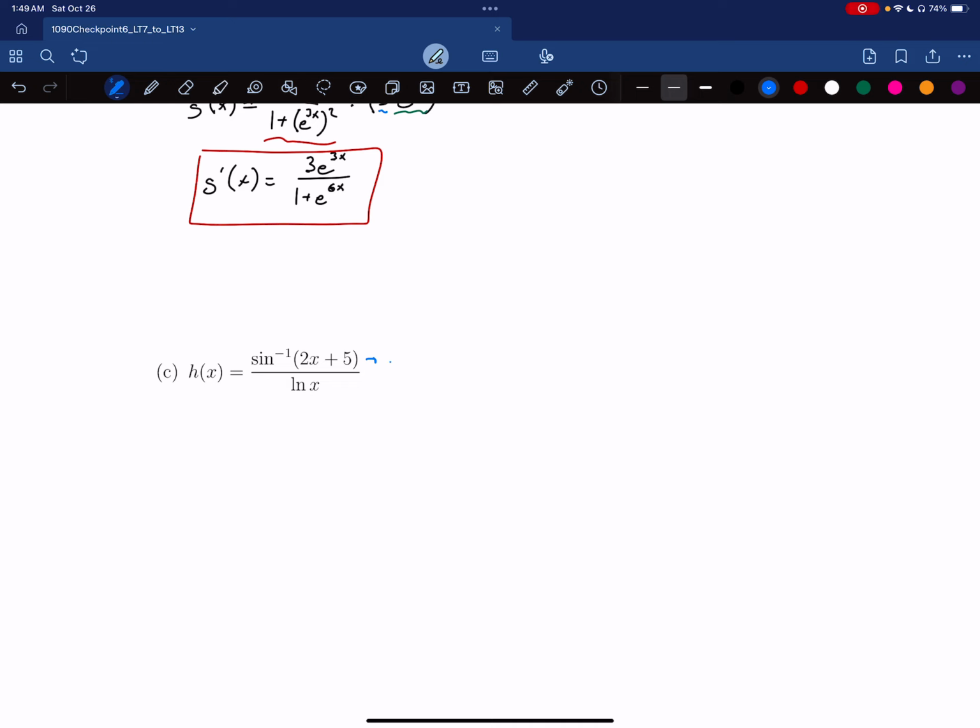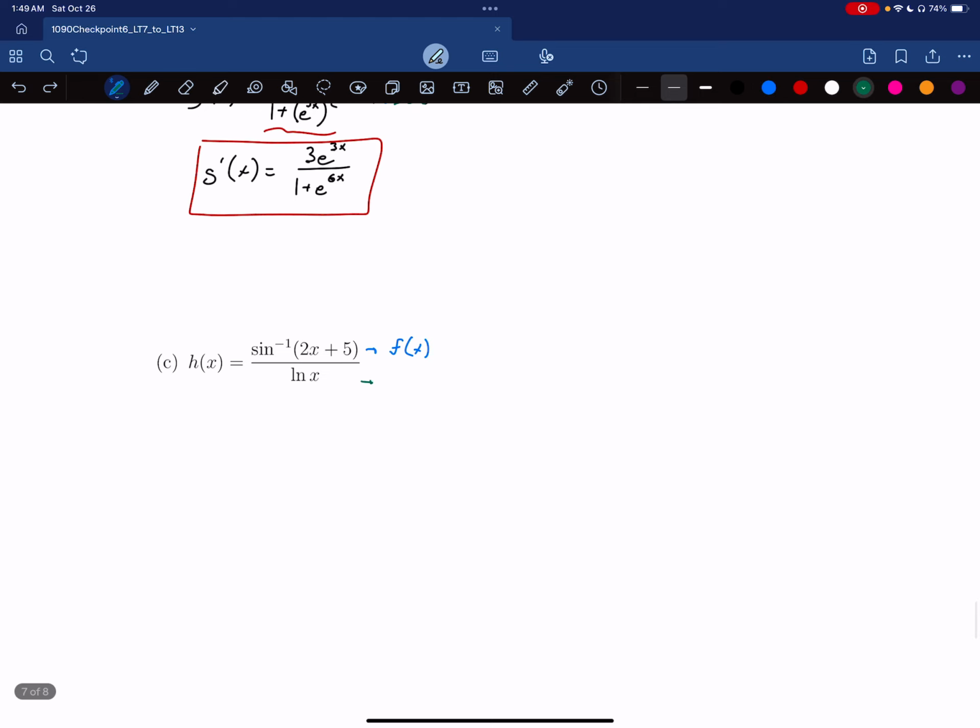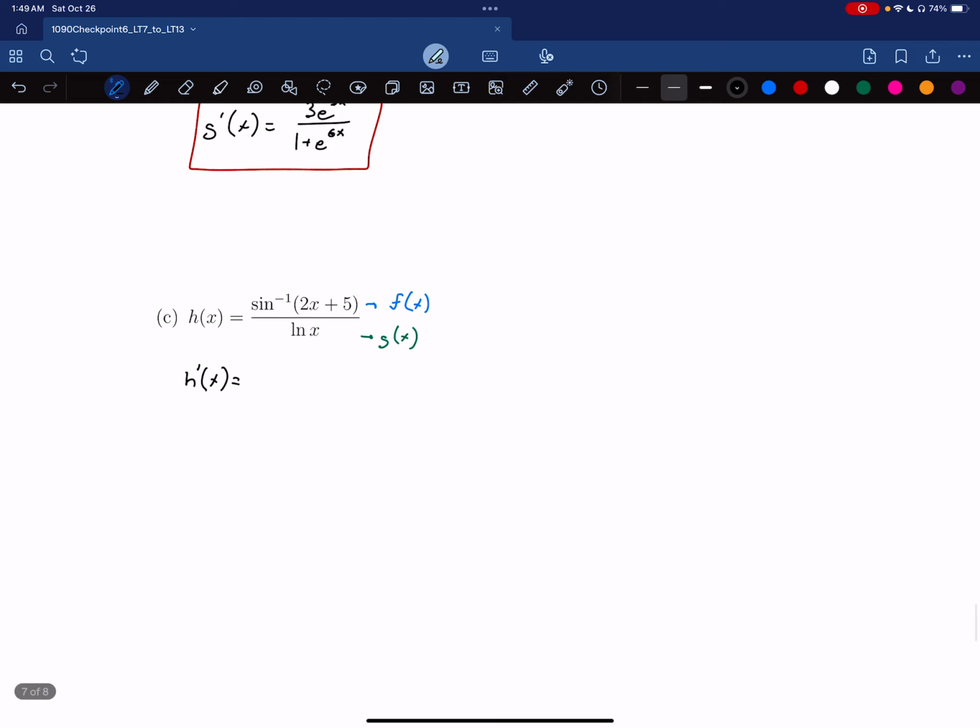So let's just say that this numerator is equal to f of x. This denominator, I'll use a different color here, is equal to g of x. So first step for this question, taking the derivative, let's use that quotient rule.